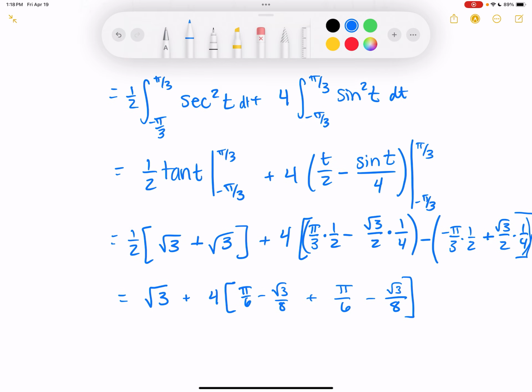So then that's going to become 2 pi over 6 minus 2 root 3 over 8. I don't know how far they want us to go with this. Are we just finding the number, like a decimal number?